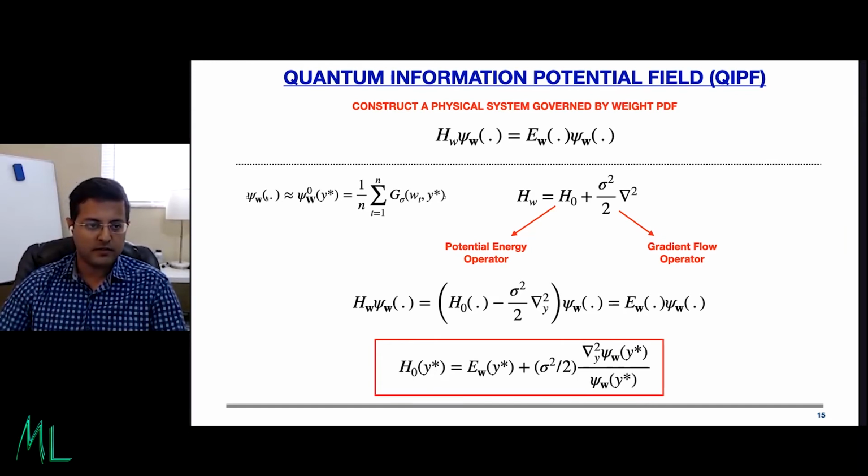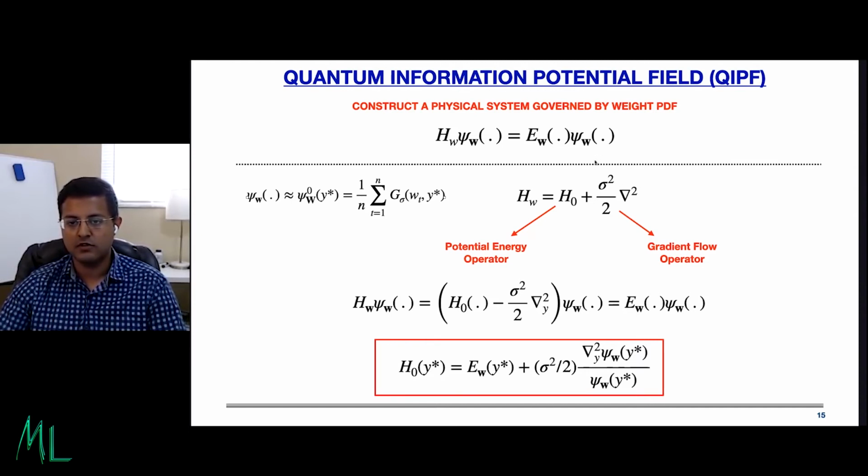We have the information potential field of weights, and here we construct the Hamiltonian in terms of a potential energy operator and a gradient flow operator, which is the main aspect that quantifies the gradient flow of the IPF. The gradient flow operator basically consists of a Laplacian operator that is slightly scaled by the kernel width that we use in the RKHS.